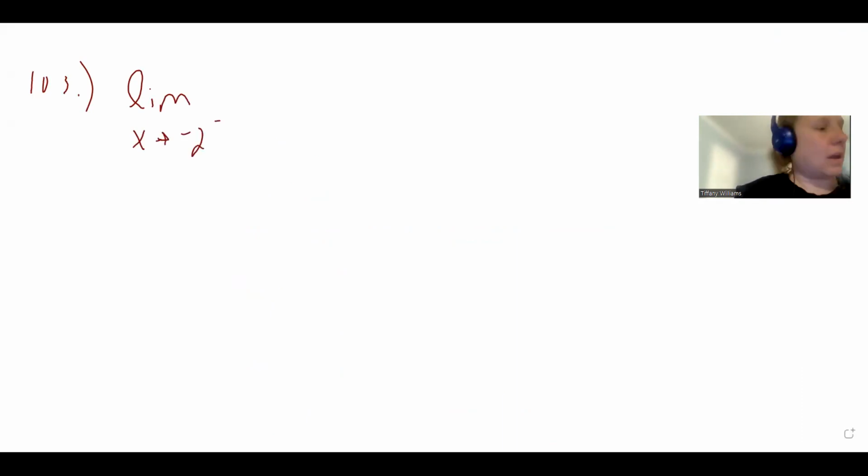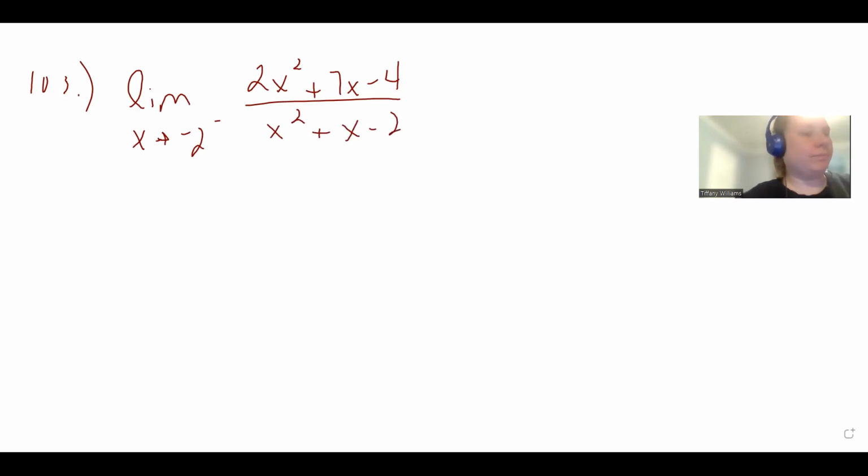So 103, we had the limit as x approaches -2 from the left of 2x squared plus 7x minus 4 over x squared plus x minus 2.